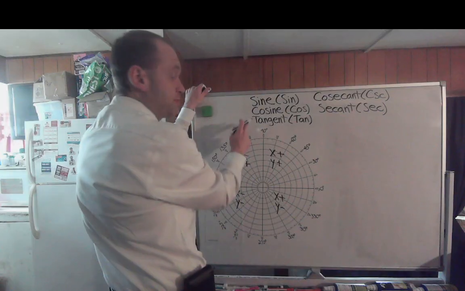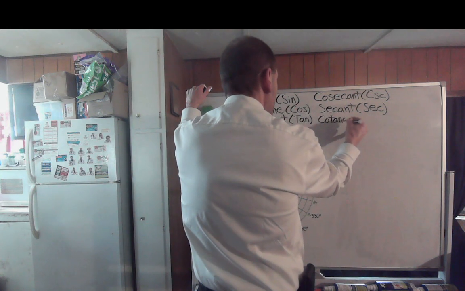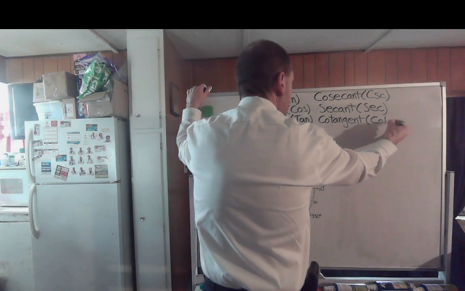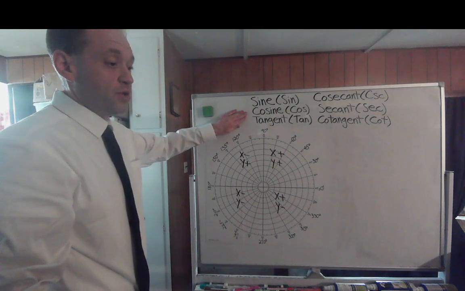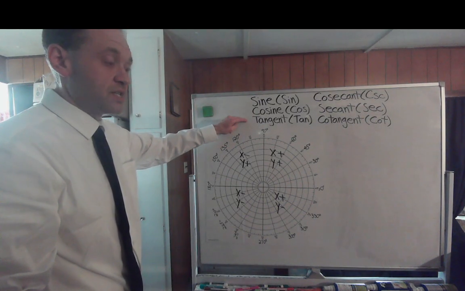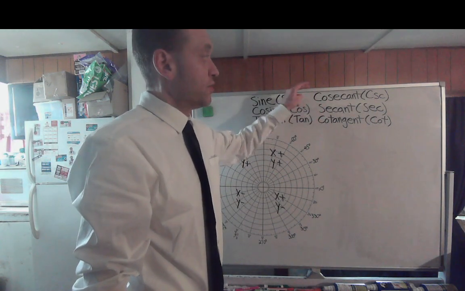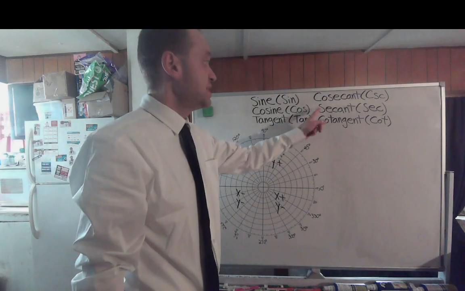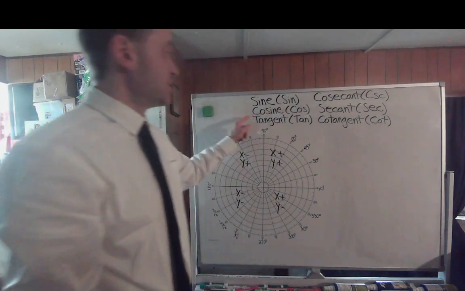Then you have the reciprocal of the tangent, which is simply the cotangent function. That'd be abbreviated COT for cot. So on the left column, you have your original three trig functions, the sine, cosine, and tangent. On the right side, these are all reciprocals. Cosecant is the reciprocal of sine, secant is the reciprocal function of cosine, cotangent's the reciprocal function of tangent.